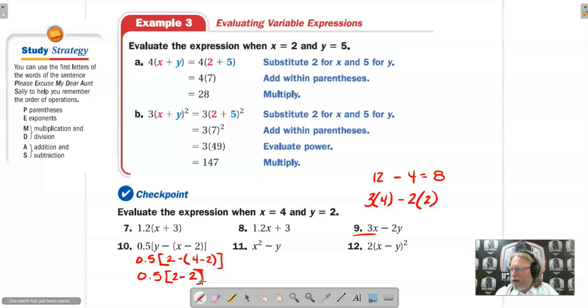And we'll have our bracket there. And then we have to do 0.5, and we're going to multiply that times 2 minus 2, which is 0, and anything times 0 is 0. So in this case, number 10 is going to equal 0.